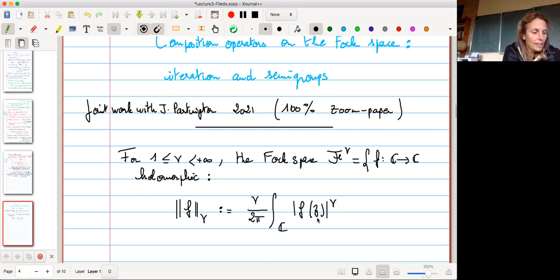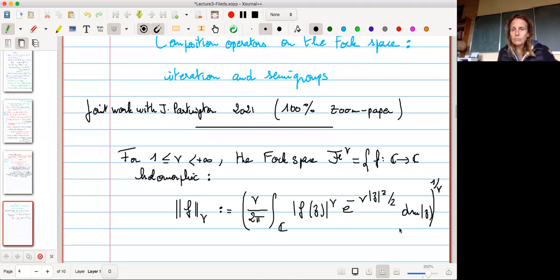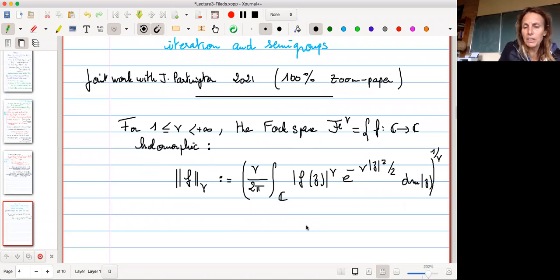So I take the modulus of f to the nu, and I put an exponential, and this is all to the power of 1 over nu. Okay, we can give more generalized Fock spaces by changing this, but we will stay with this kind of Fock spaces.